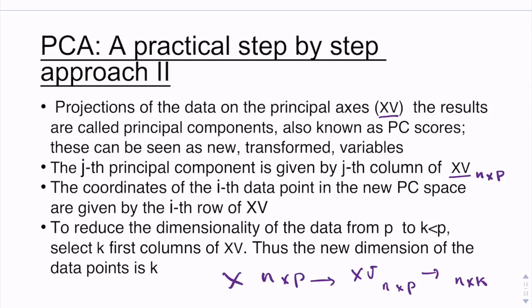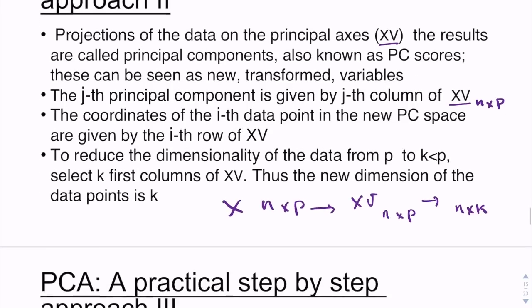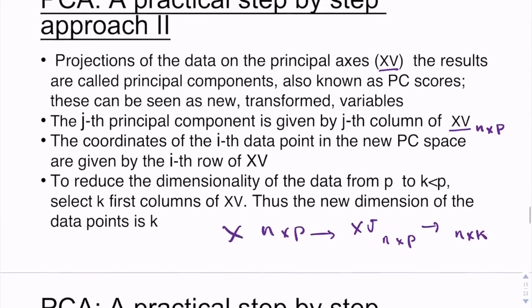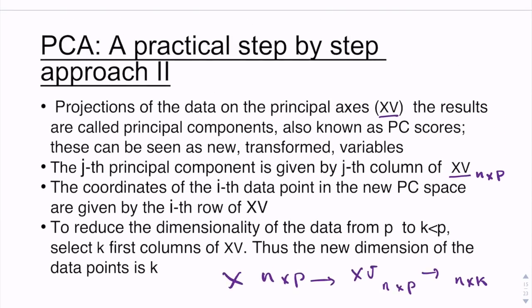So for each sample, instead of representing it by p features, we now use k features. That's the compression. The next question we would like to answer is how we are going to choose the value for k, how many principal components we are going to choose. That's also a very crucial question.